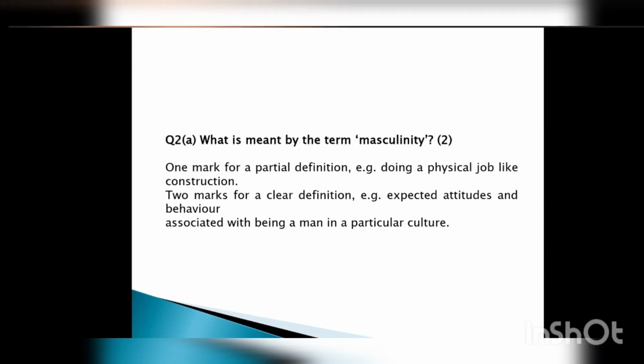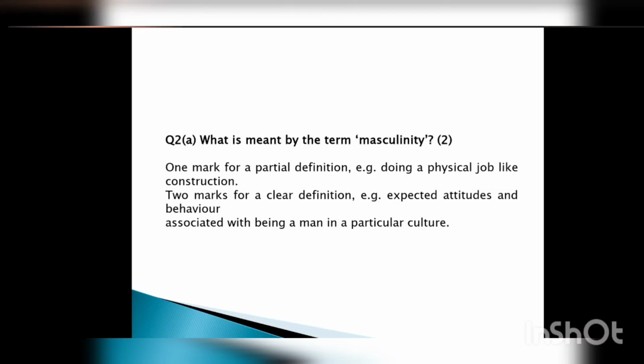Okay, so 2 marks for a clear definition, example expected attitudes and behavior associated with being a man in a particular culture, because we know that women are expected to behave in a certain way, like they need to be polite. Okay, they need to be more towards home.